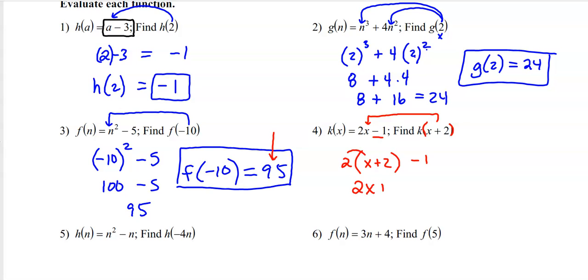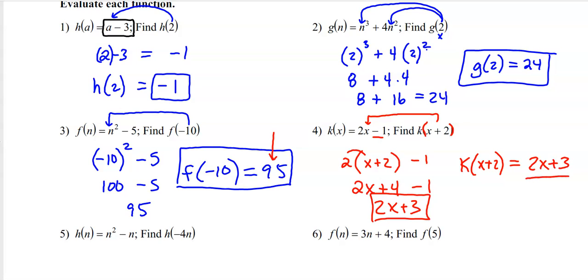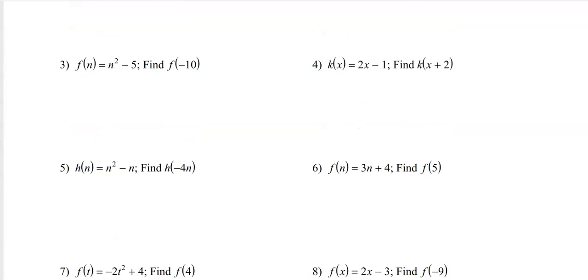I get 2x plus 4, take away 1, which simplifies to just 2x plus 3. So k of x plus 2, you would enter into the worksheet, 2x plus 3. When you click on the box, it allows you to type in algebra stuff, powers and x's and all that good stuff. And it'll give you your score.